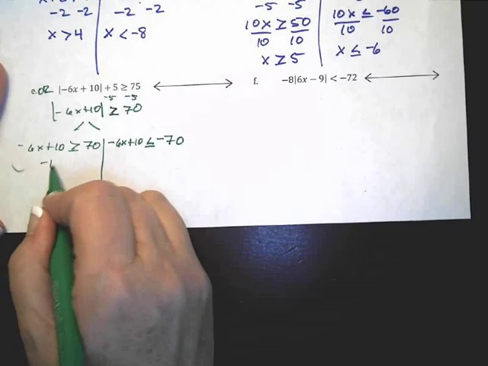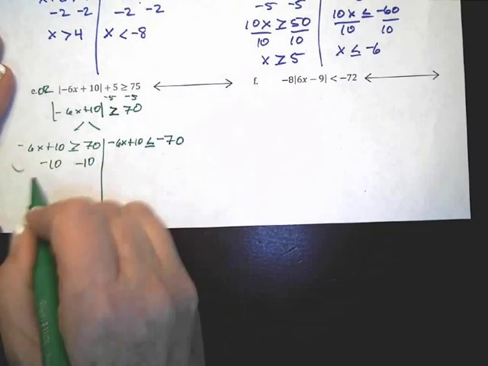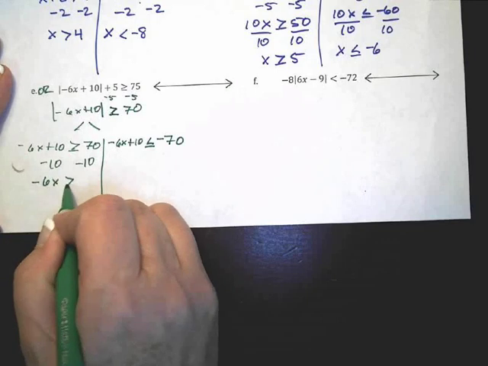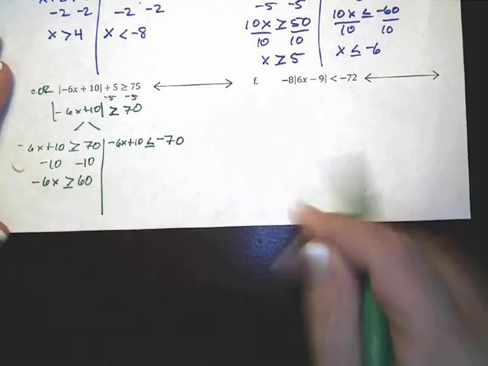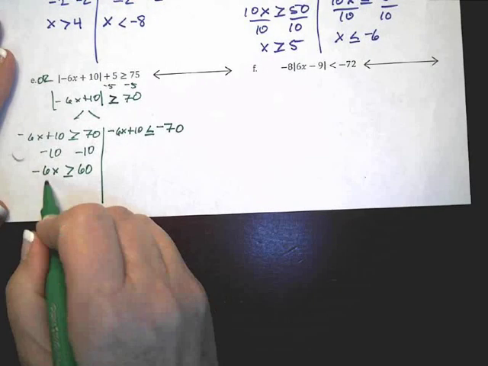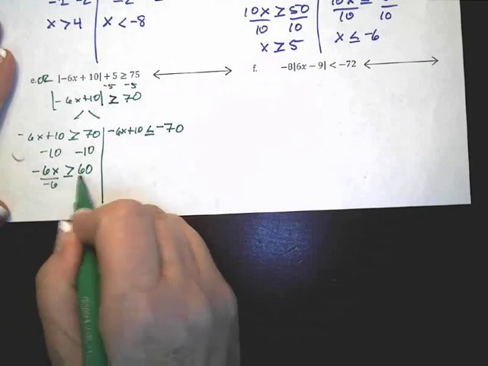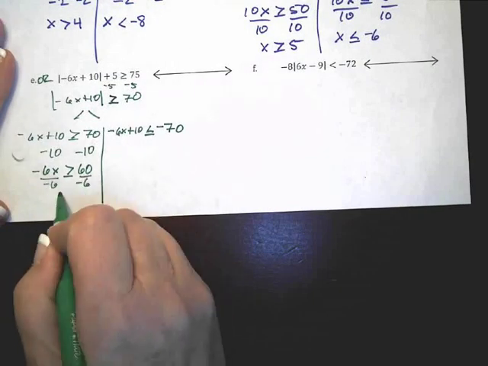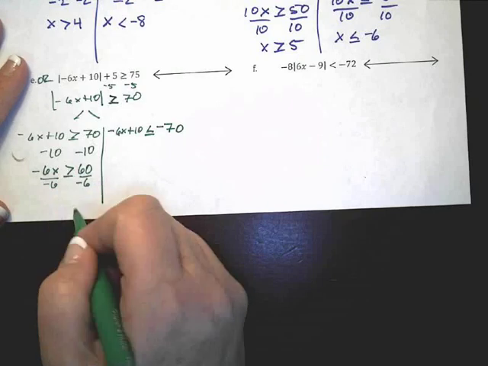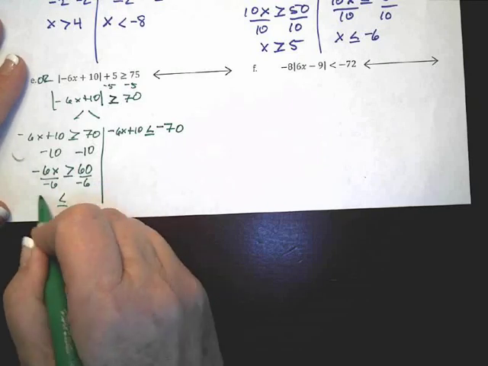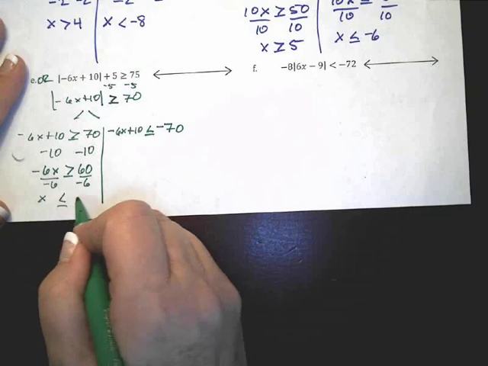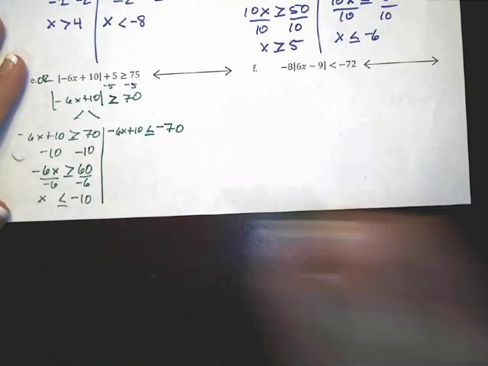Solving each one of these separately, subtracting 10 from both sides. And then this is where we also need to be careful. We're going to divide both sides of this inequality by a negative number, which flips the inequality symbol. So x is less than or equal to negative 10.